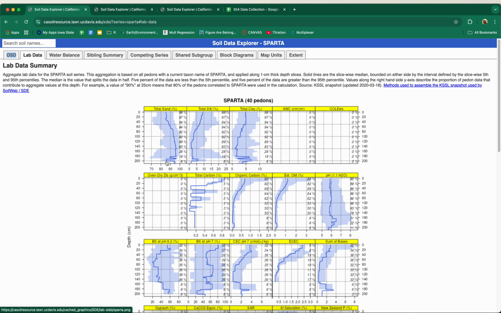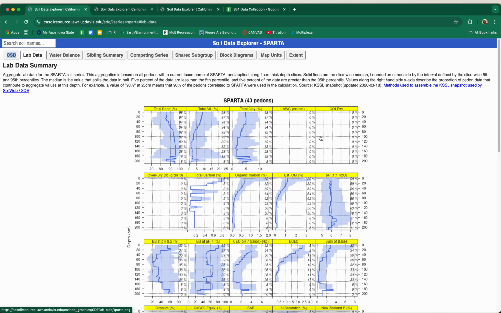When you look at each of these boxes, of course, the top describes what characteristic, either physical or chemical property, they're looking at. And then this percentage here is how many of the total 40 pedons contributed to that data point. As you go down in this soil profile in depth, from 0 to 200 centimeters, you start to drop off in the quantity of pedons used, probably because some of these stopped at, let's say, 140 centimeters.